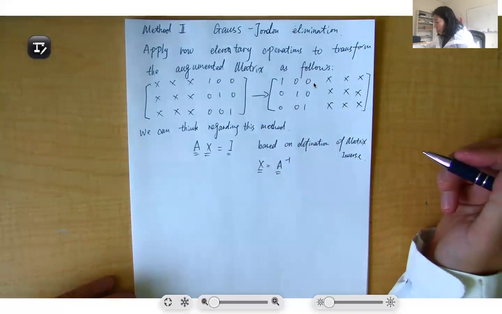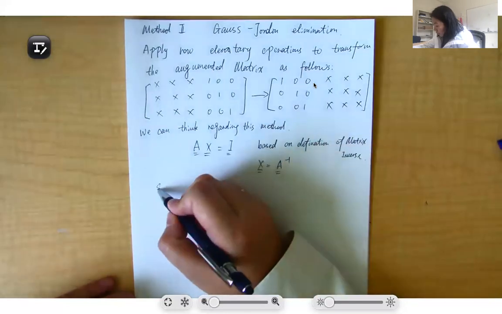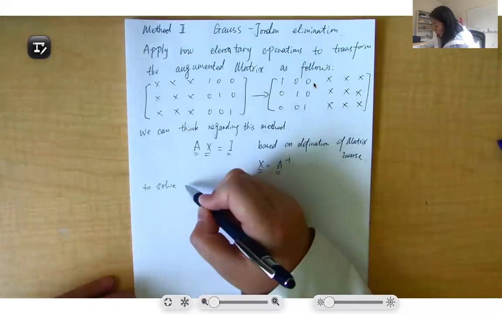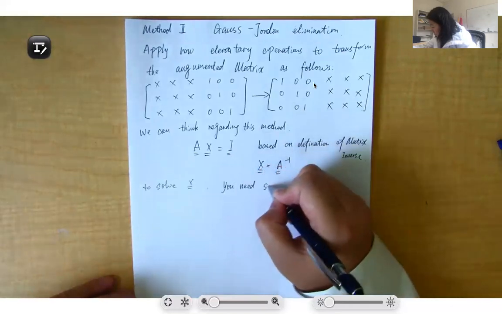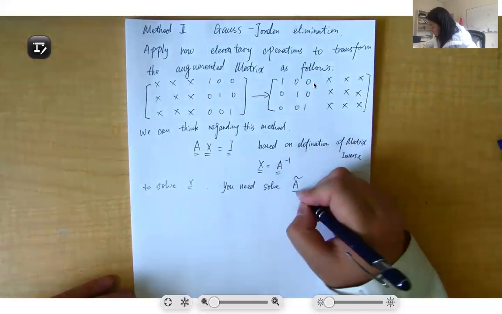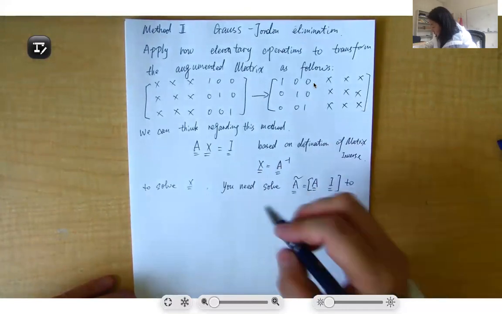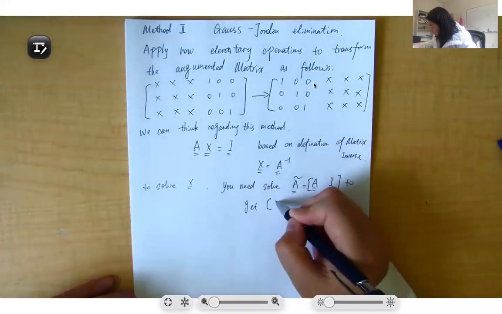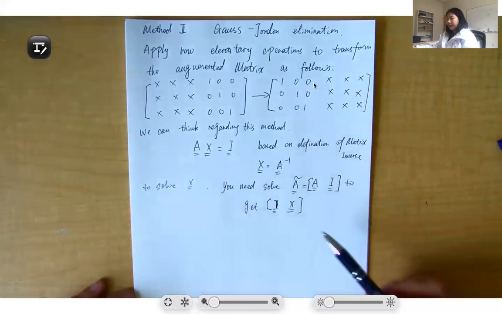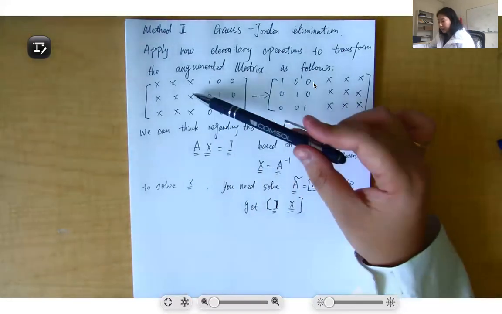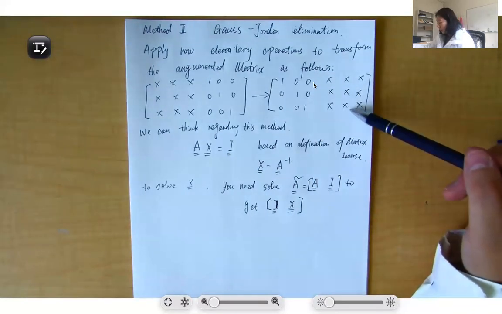And in order to solve for X, you need to transform the augmented matrix [A | I] to get [I | X]. So that is how we can transform the augmented matrix into an identity and get the matrix inverse, which is X.